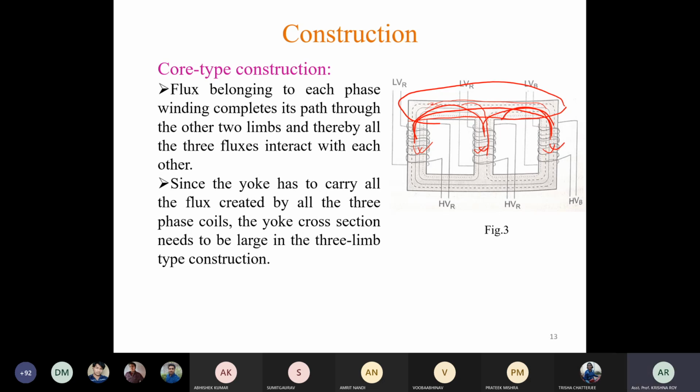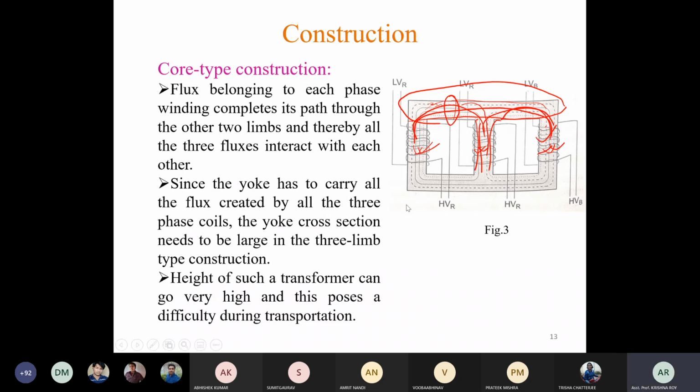That is why to have uniform flux density distribution, we need to increase the cross sectional area of this section. And we also need to increase the length of these limbs, this one as well as this one, which makes the height of the transformer very large, and this poses a difficulty during transportation.